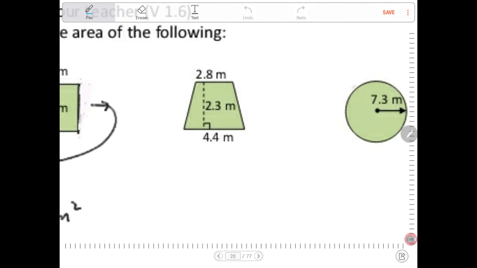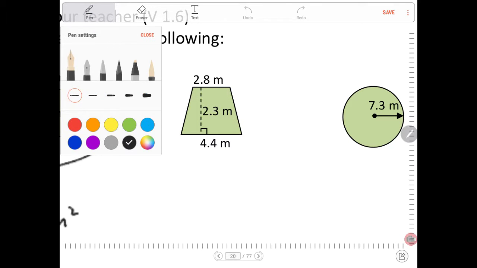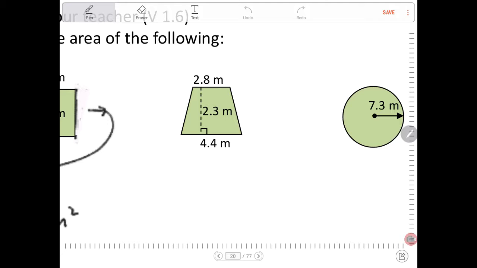Let's apply a similar idea as to the parallelogram. I'm going to cut this piece off this time. I'm going to cut here. So this piece here, I'm going to cut this black piece. And just like before, I'm going to take it and put it over here. And you can guess what happens.